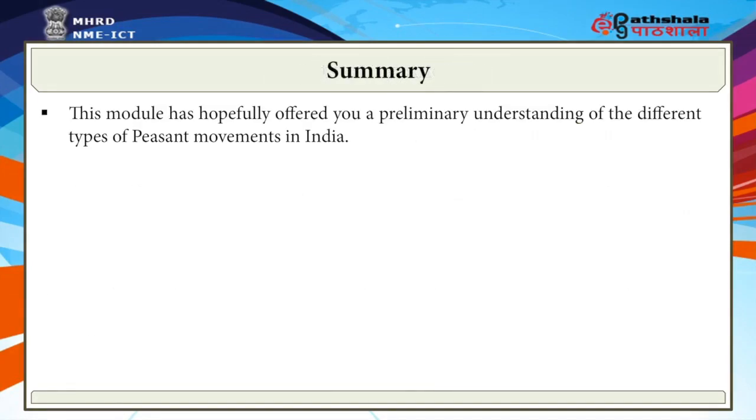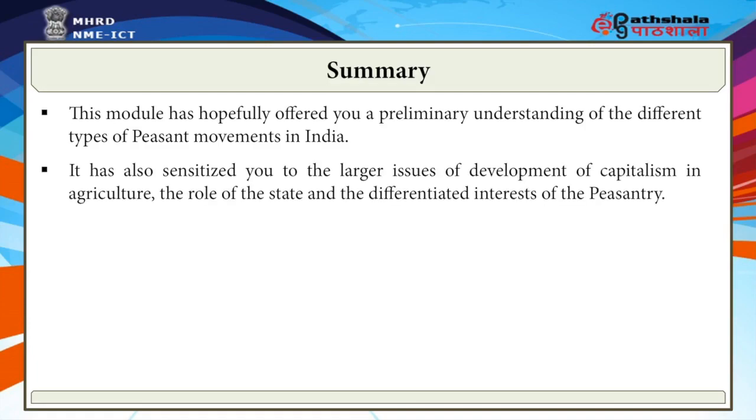In brief, this module has hopefully offered you a preliminary understanding of the different types of peasant movements in India. It has also sensitized you to larger issues of development of capitalism in agriculture, the role of the state and the differentiated interests of the peasantry.